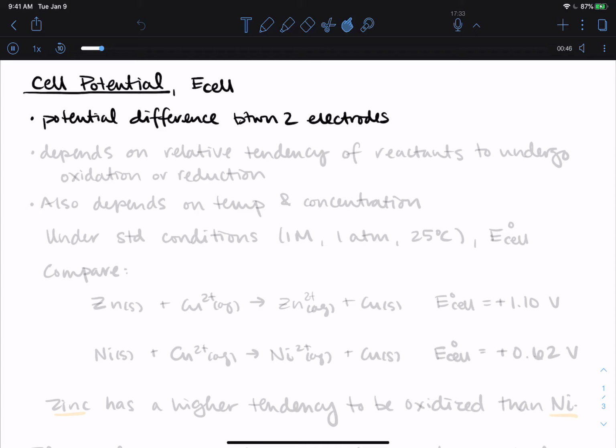So this value for the cell potential ultimately depends on the relative tendency of the reactants to undergo oxidation or reduction.